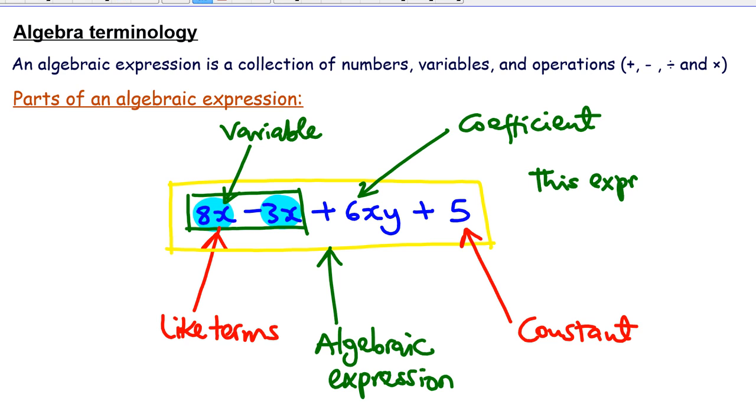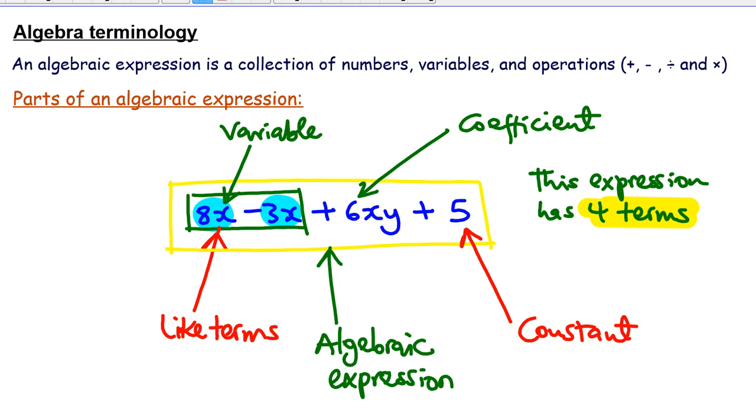Here we have 1, 2, 3, 4. So in total we have four terms in this expression.